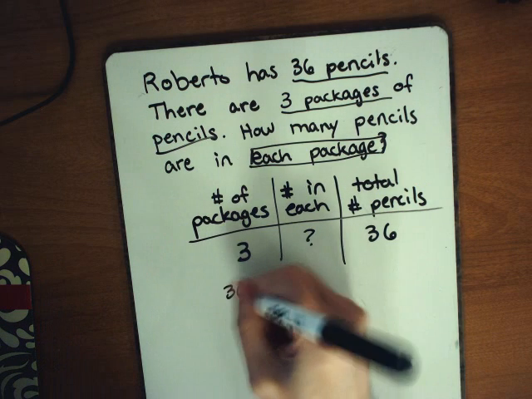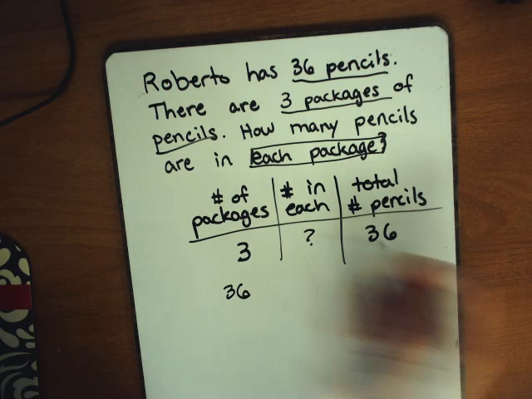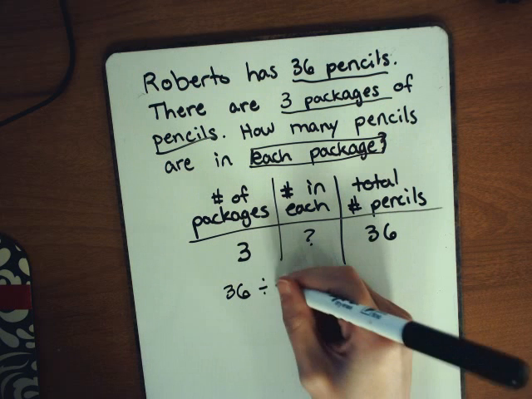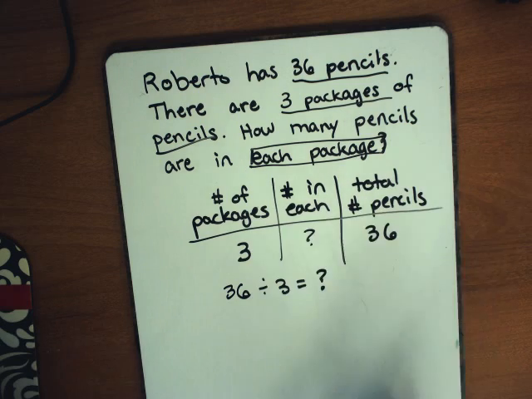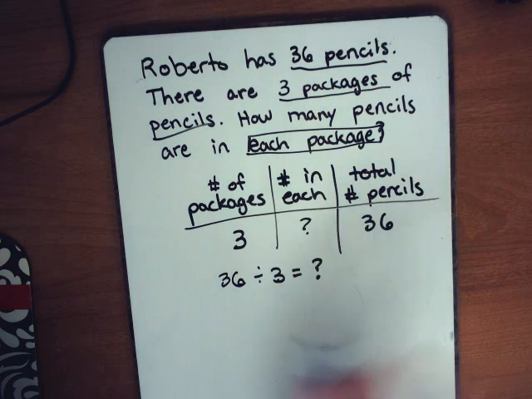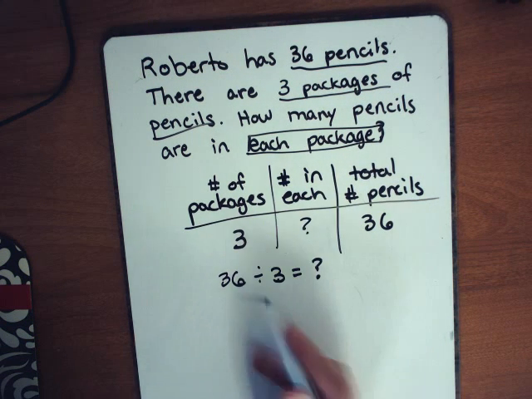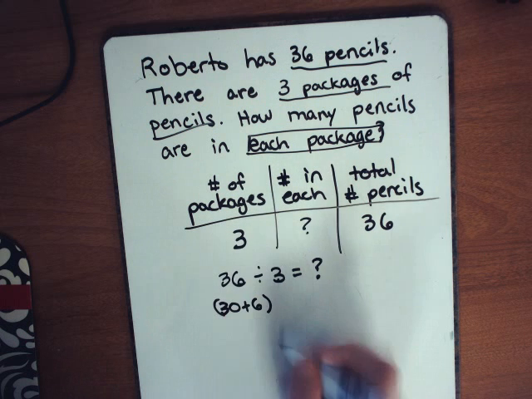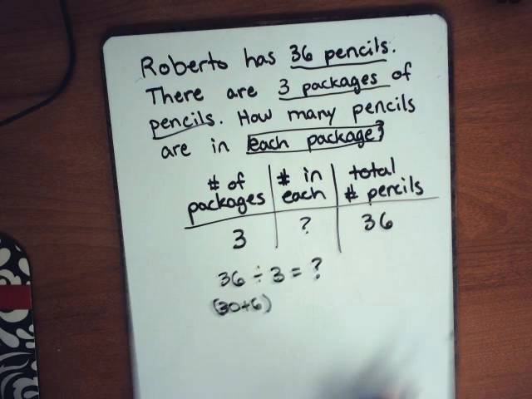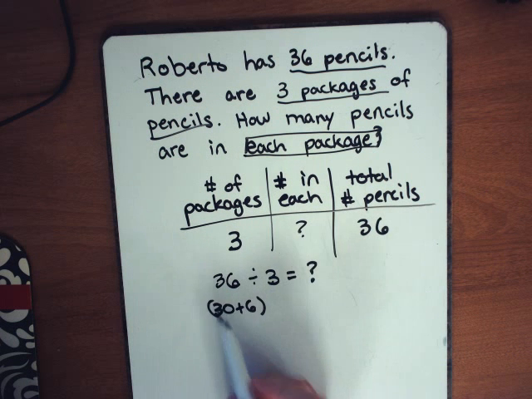So when I write my number model, I've got 36 put into 3 equal groups is going to get my unknown, the number in each. So now I think to myself, well, I can break 36 into 30 plus 6 right there. It might be a little bit easier for me to do some multiplication to figure out that division right there, because I know 3 times 10 is 30, and then 3 times 2 is 6.